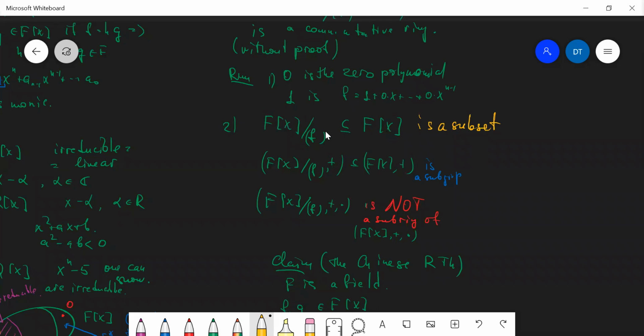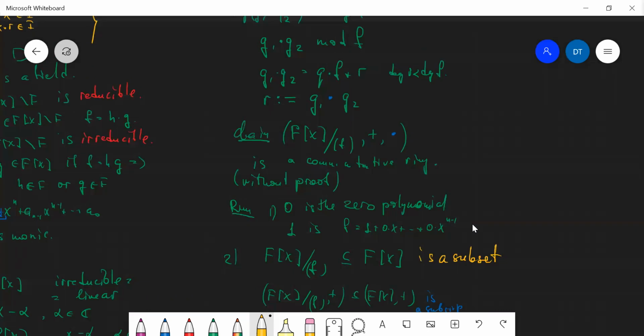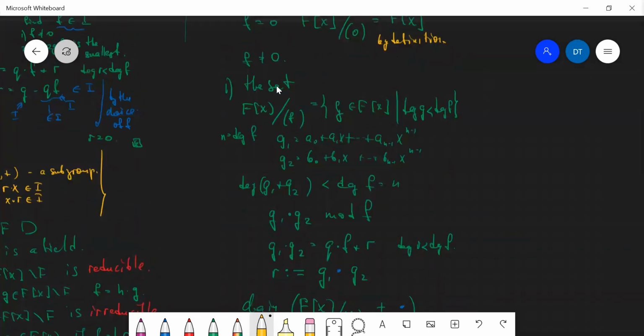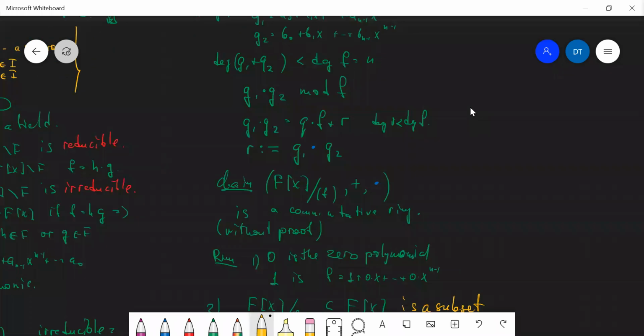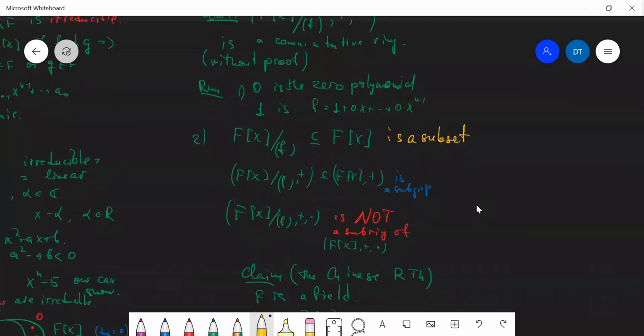If f is not 0, this is just the set of polynomials of degree strictly smaller than f. So here is the definition. By definition, this consists of some polynomials from here, so it lies inside the set of all polynomials. So it's a subset there. I see. Okay, so it's a subset.